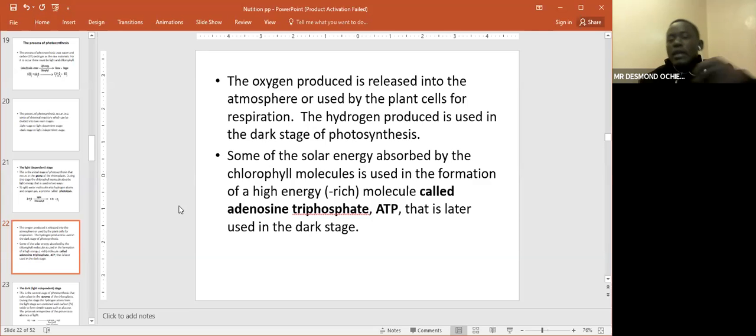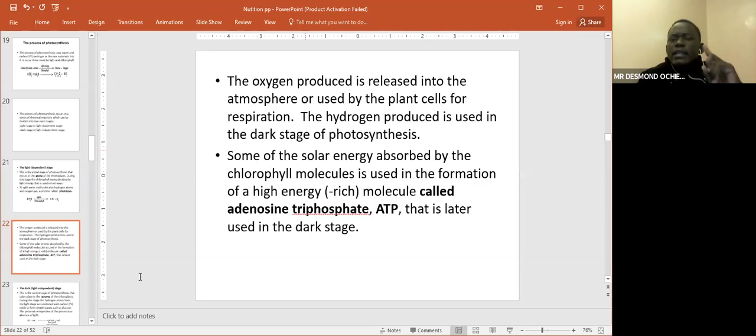The hydrogen that is also produced there is moved on to the next stage, which is the dark stage, where it will be used as the process of photosynthesis continues. So hydrogen produced is used in the dark stage of photosynthesis, okay?